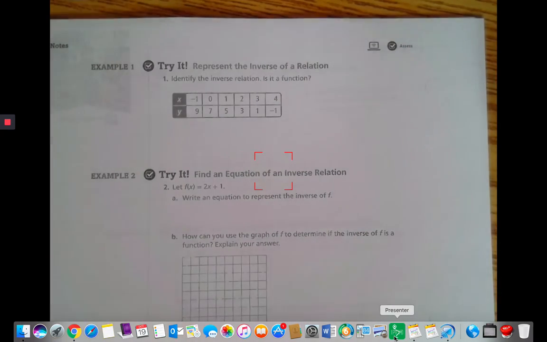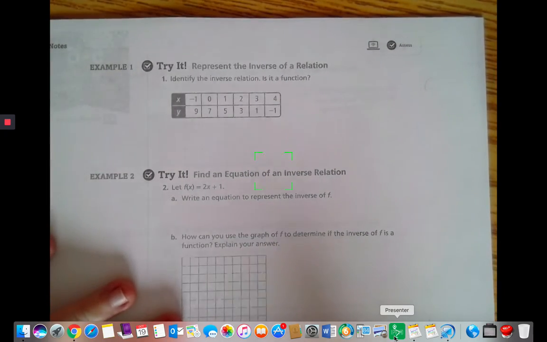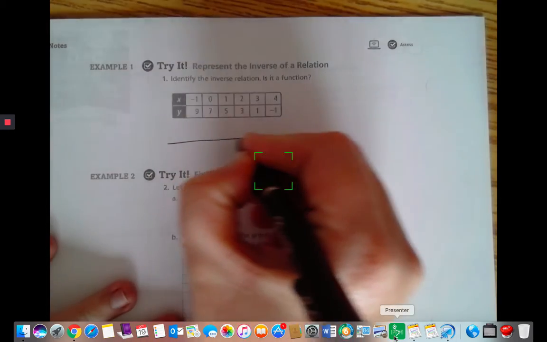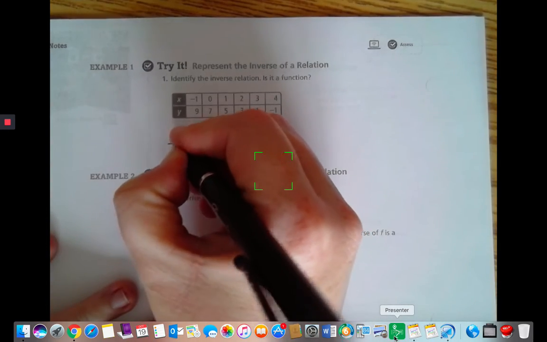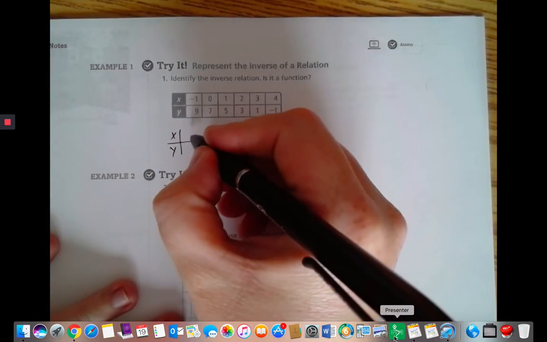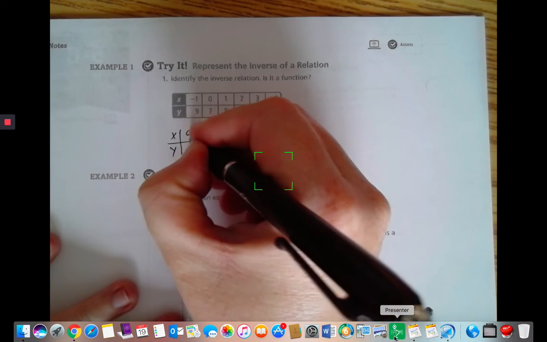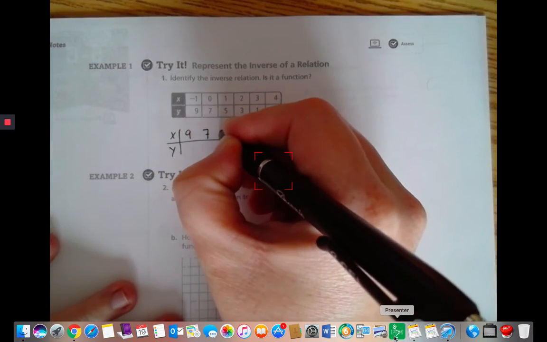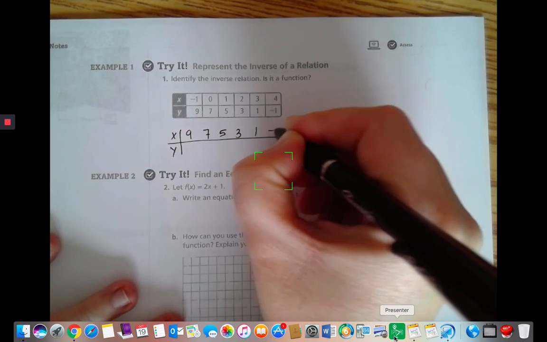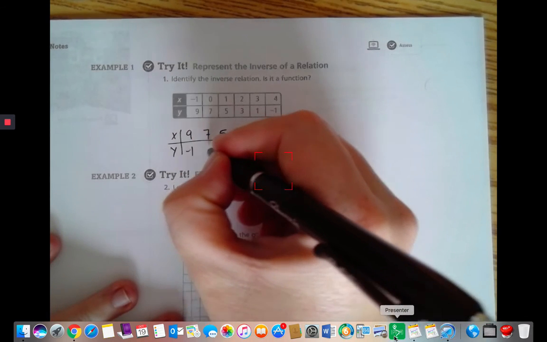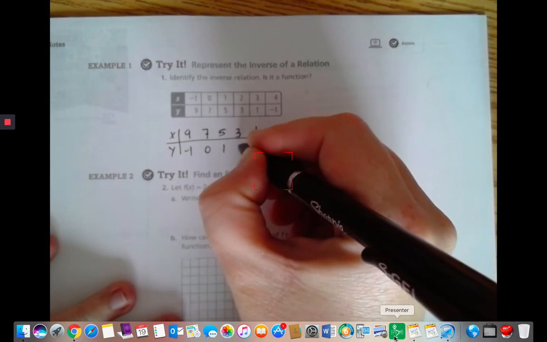So I'm going to draw myself a table. And all they did was they switched your x values and your y values. So what was your y value now becomes x values. And what was your x values now becomes your y values.